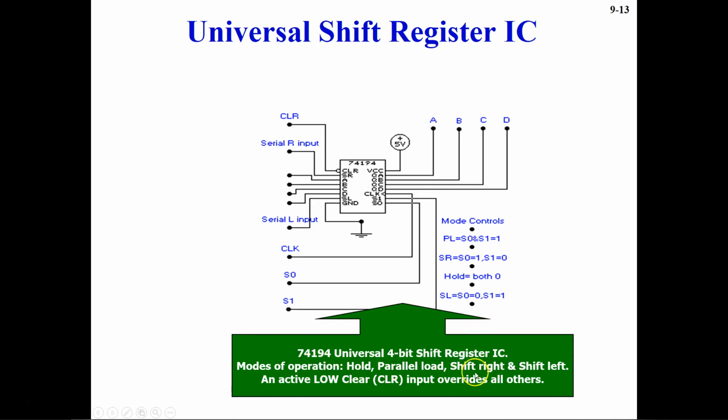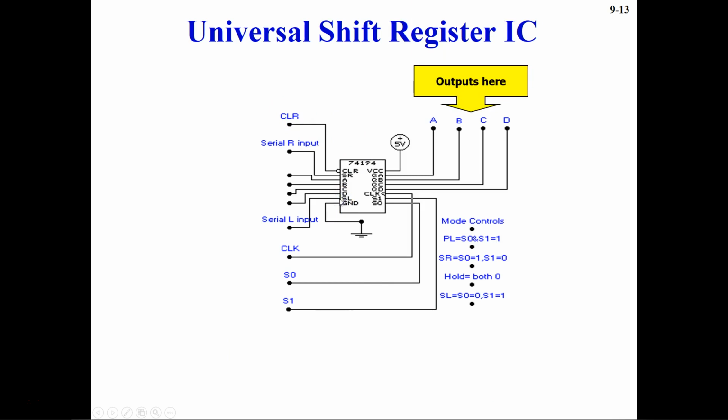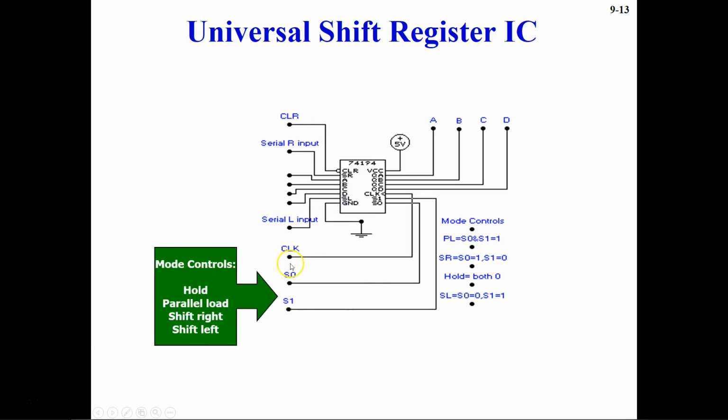These are the different modes of operation we have already discussed, and active low clear we already know. These are the outputs, and these are the different modes which can be controlled from here. Depending upon what input you send here, you will get the corresponding mode.